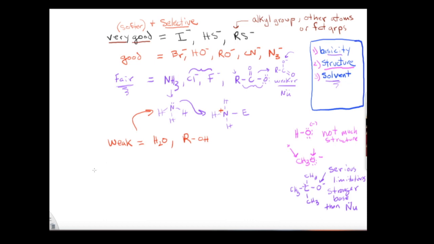All right, and then the last category will be the very weak nucleophiles. And there's really only one example here. This would be acetic acid. And you can see that we've got 2 kinds of oxygens in here.